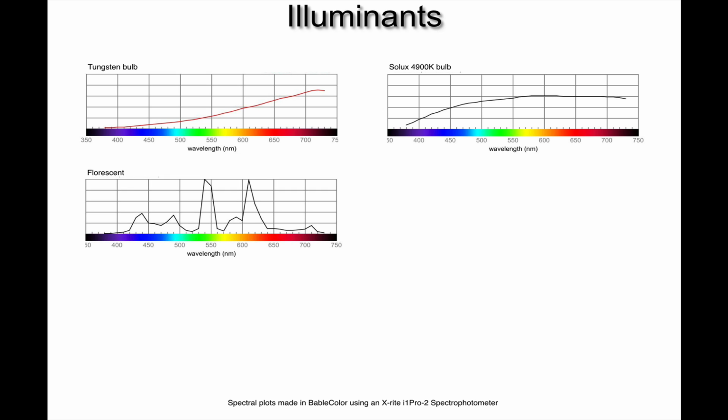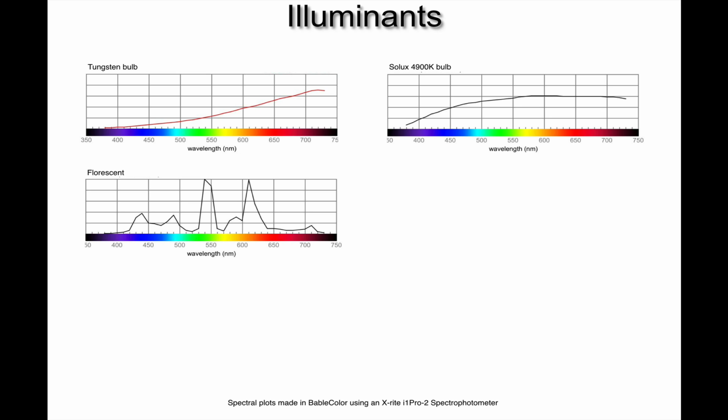Now here's a very strange spectral plot of a fluorescent bulb. This is actually a measurement in my so-called 5000K GTI viewing booth, which uses fluorescent bulbs. And you can see that the shape here for this fluorescent is vastly different from the Solux bulb or the tungsten, especially in terms of the very spiky spectrum that you see throughout the plot here.